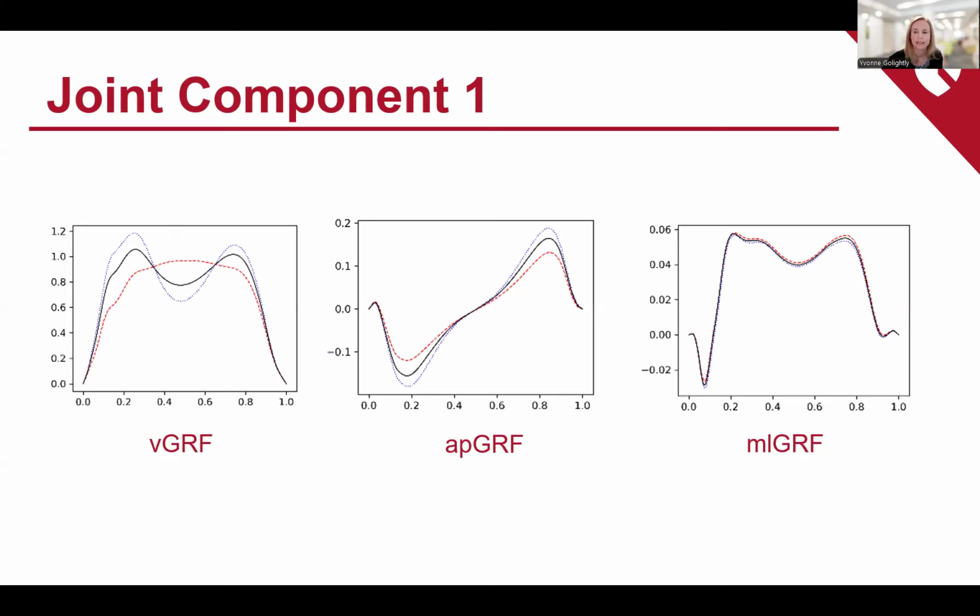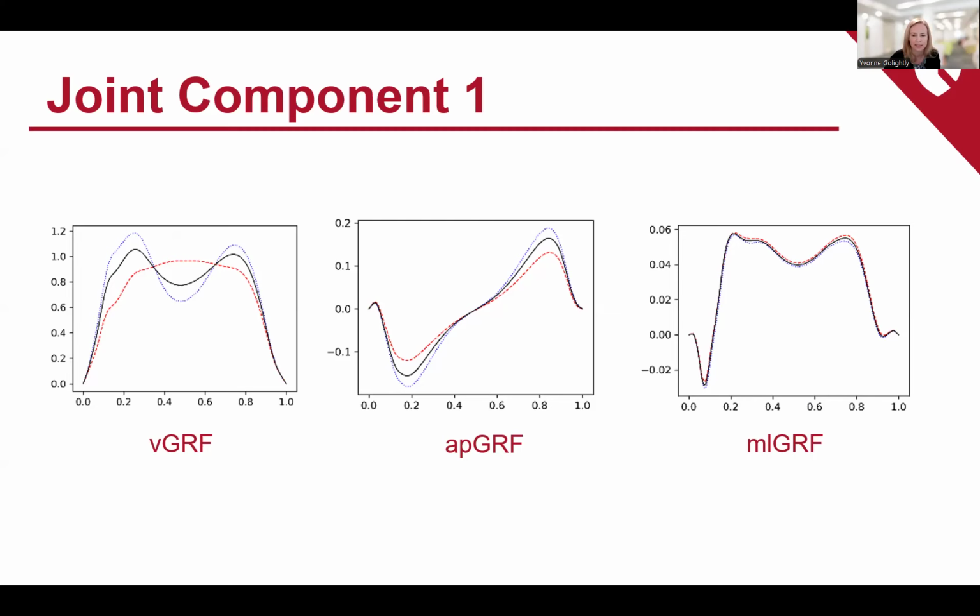Now we can look at those curves in each plane of movement, and these are results like what we would expect. If we start with the vertical ground reaction force, the faster walkers, those better movers, are shown in blue. They have a greater force in early and late stance with higher peaks, and less force in mid stance.